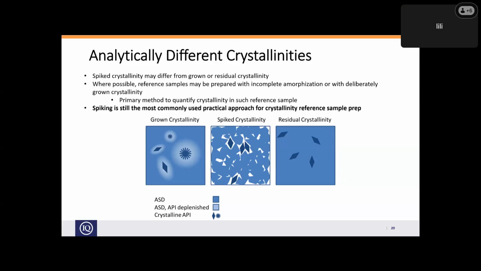So in practice of crystallinity method development, spiking is still the most dominant or most commonly used practical approach for reference sample preparation.